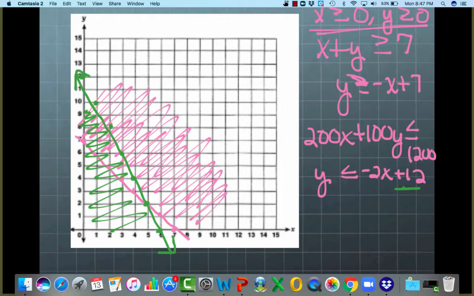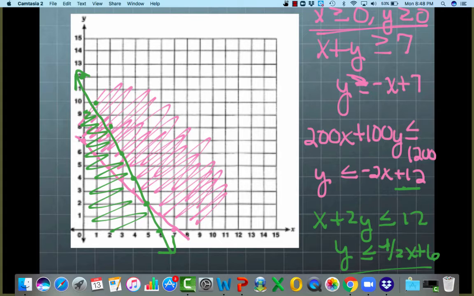Then we had the inequality x plus 2y less than or equal to 12, which means y is less than or equal to negative 1/2 x plus 6. Let's plot that. I'm going to switch colors.